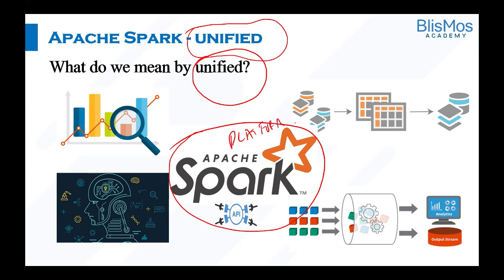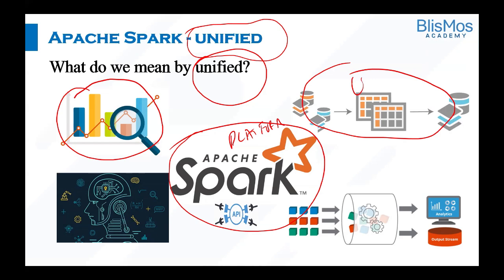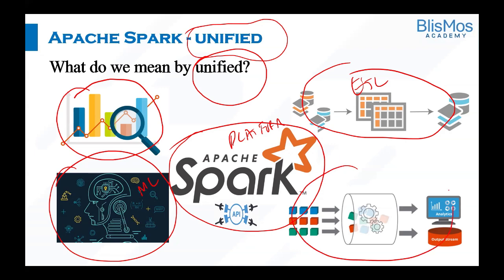Different aspects are, let us say, if you want to perform data analysis, you can use Spark. If you want to do the processing as a part of the ETL, you can use Spark. If you want to perform machine learning, you can use Spark. If you have to do stream processing, you can use Spark.